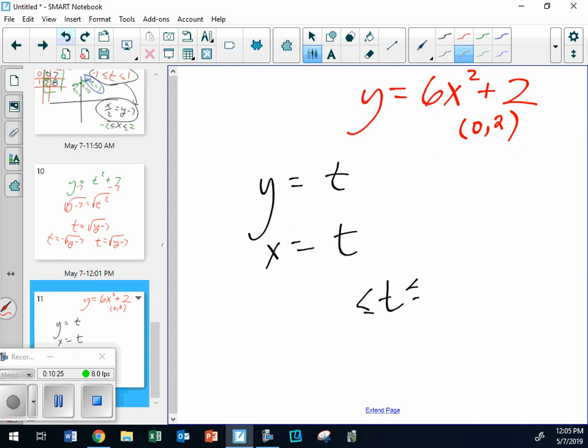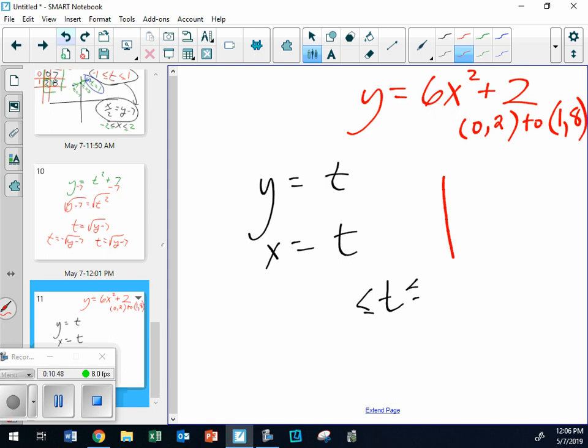Would you agree this will go through 0, 2? Then I'm going to say it starts there, and if I put in a 1 for x, I would have, do it in your head quick, 8. Then that's a part of the parabola.